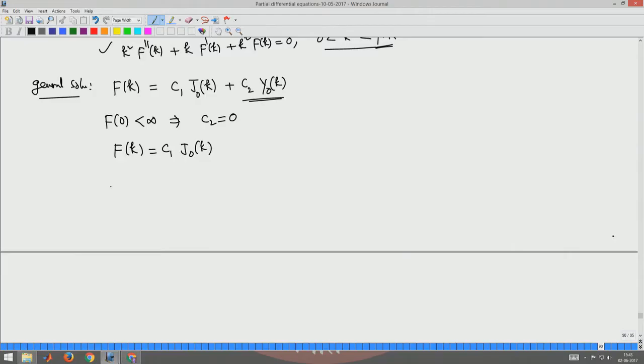Now, you apply the other boundary condition, that is f at capital R has to be 0.